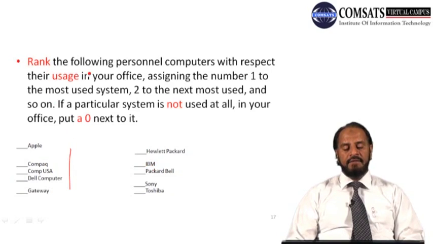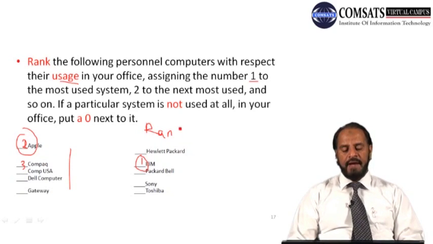So ranking the following personal computers will give you the usage from 1, which is the most. This is 1, the most used, this is the second most used, and this is the third most used. But it is not known how many IBMs there are compared to the Apples.